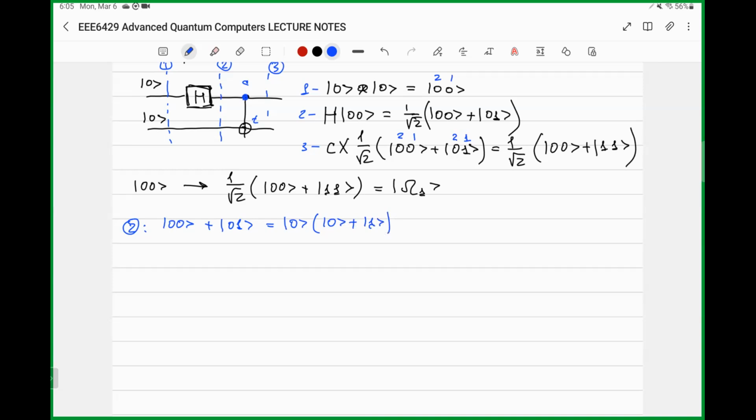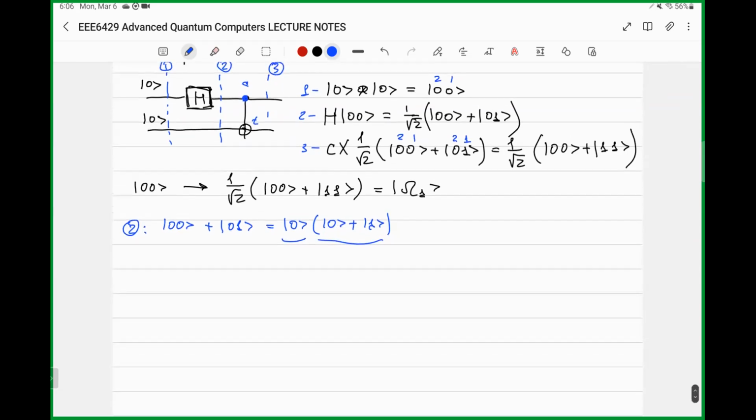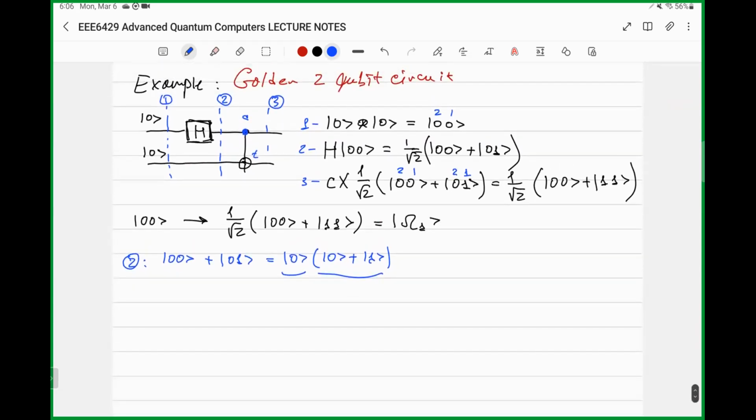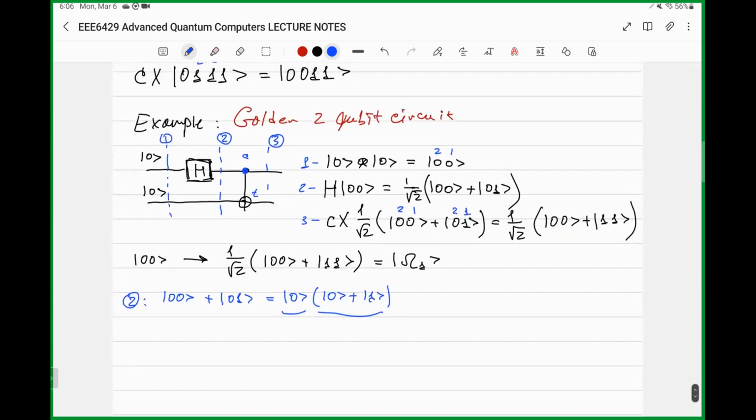This is the second qubit, this is the first qubit. So I can separate the states. But the application of the 2-qubit gate makes the resulting state non-separable, or quantum entangled, which is nice and has a lot of applications, and we will discuss them in what follows.